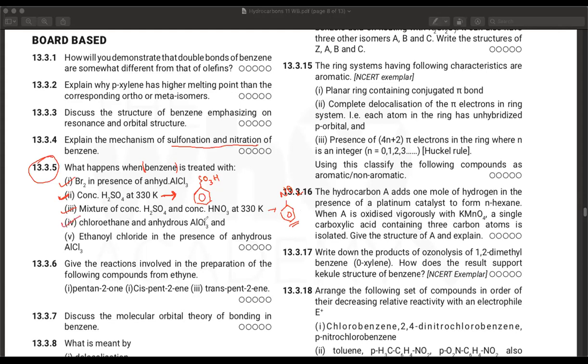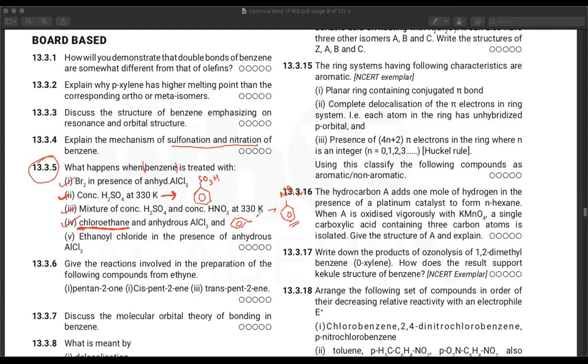Chloroethane in anhydrous AlCl3. I'm assuming chlorination. Look at what's being added here. You have chloroethane, Friedel-Crafts. It forms a carbocation. Alkylation, yes. You're adding an alkyl group. Specifically, which alkyl group is getting added over here?